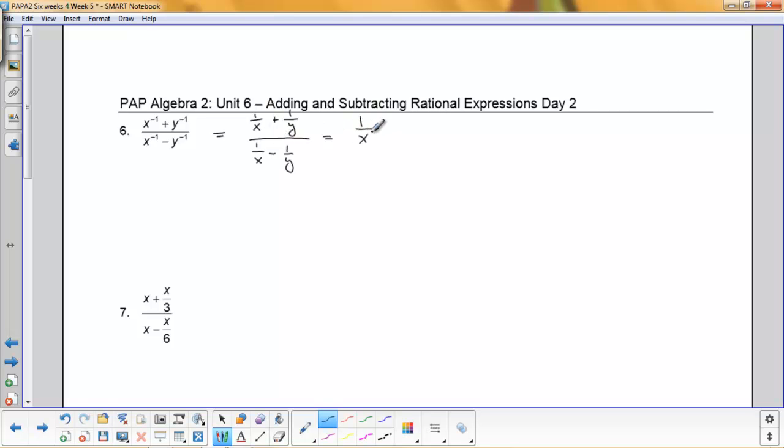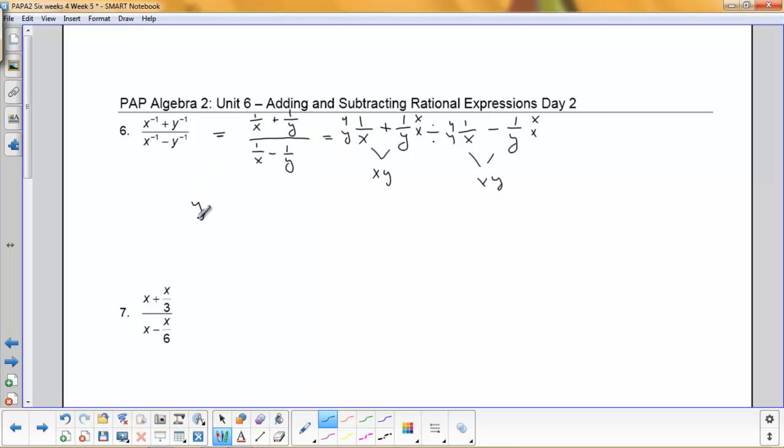Now I'll rewrite it as a conventional division sentence. Minus 1 over y. Alright, my common denominator here is xy. My common denominator here is also xy. So this guy's missing a y, and this one's missing its x, so on and so forth, all the way across.